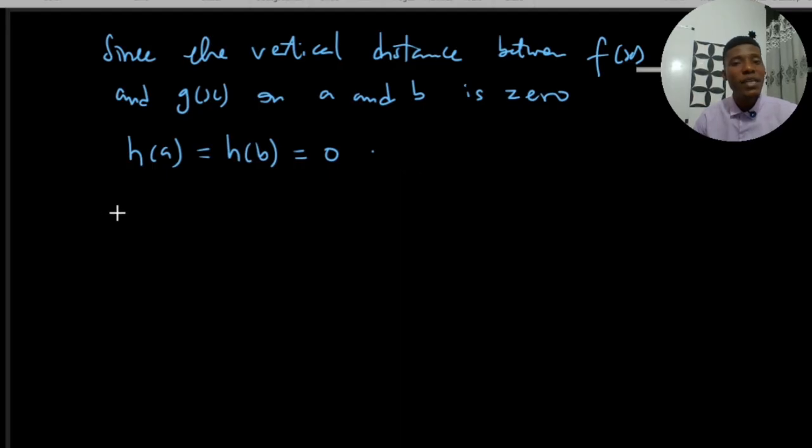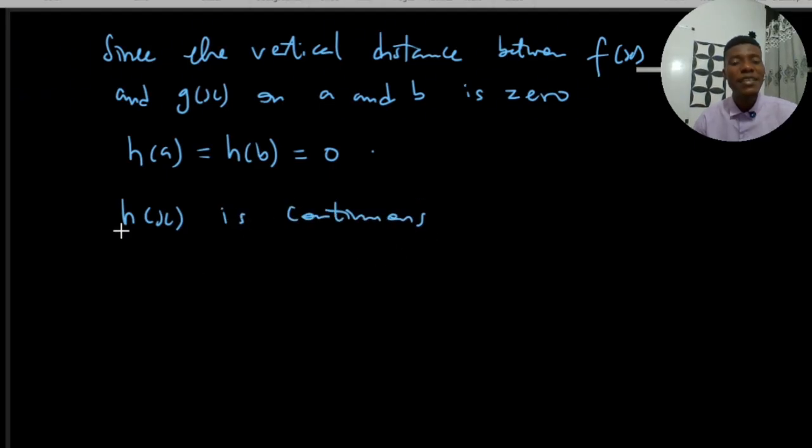There are two special things that we can also say about h of x. H of x is a straight line. Vertical distance is a straight line. So it means that h of x is continuous at every point.